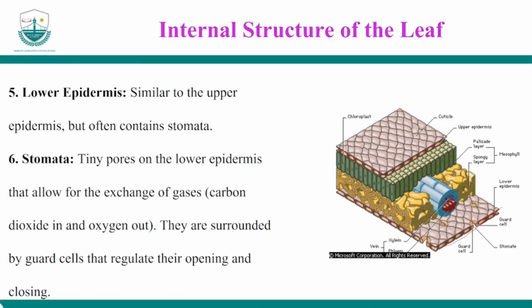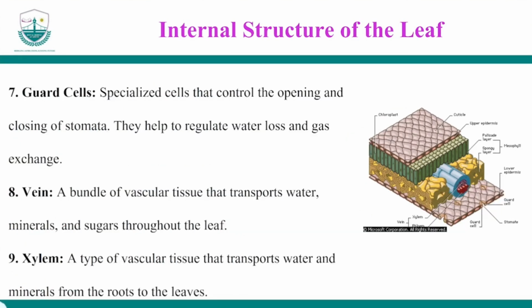You can always have, but there are very many underneath. And these stomata are guarded by cells called the guard cells. These guard cells regulate the opening and the closure of the stomata. So they are very important in regulating what gases come in, what gases go out, whether water is lost or not.